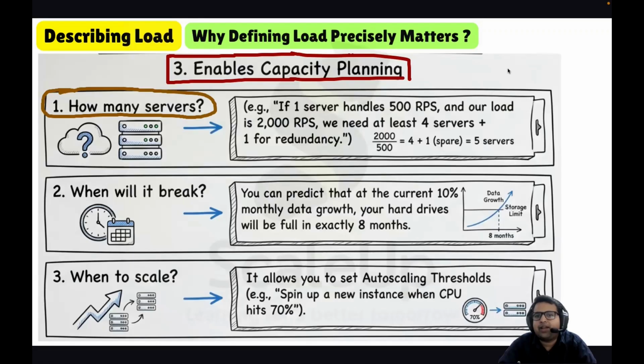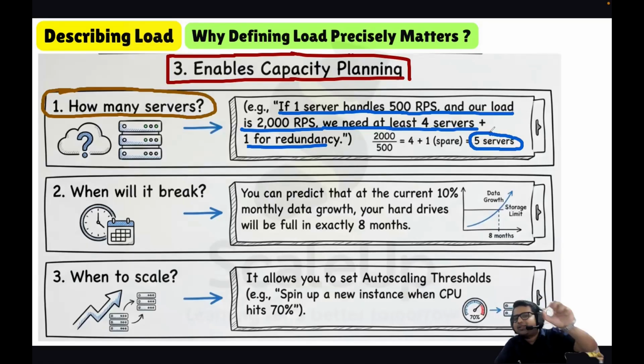For example, if one server handles 500 requests per second and our load is 2000 requests per second, we will need at least 4 servers plus one more server for redundancy, for fault tolerance. So in total we will need 5 servers. We were able to answer this business question because of defining the load precisely.